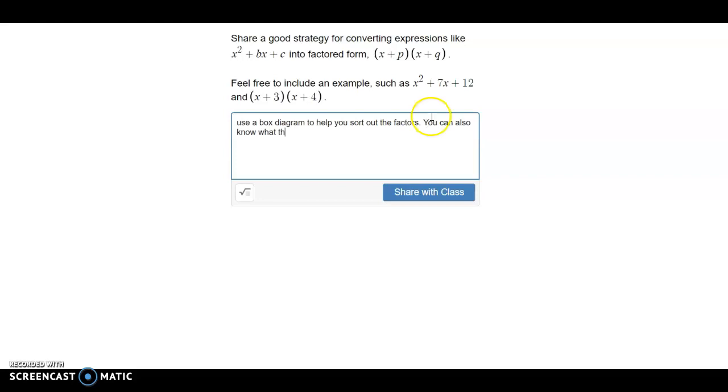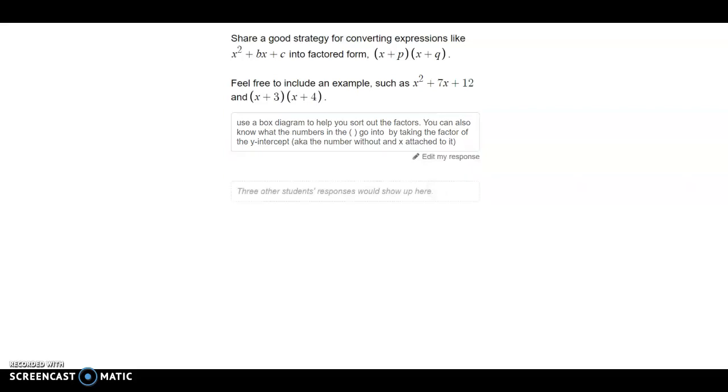You can also know what the numbers in the parentheses go into by taking the factor of the y-intercept, aka the number without an x attached to it. Write whatever you want that's going to help you, or maybe another suggestion that might help someone else, but make sure you hit share with class.